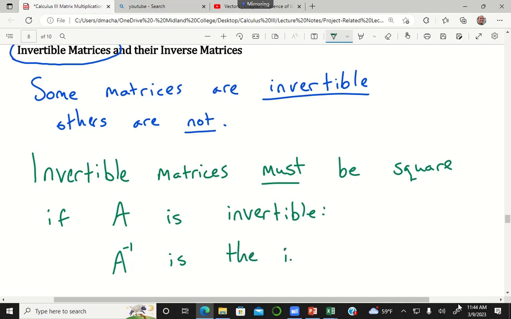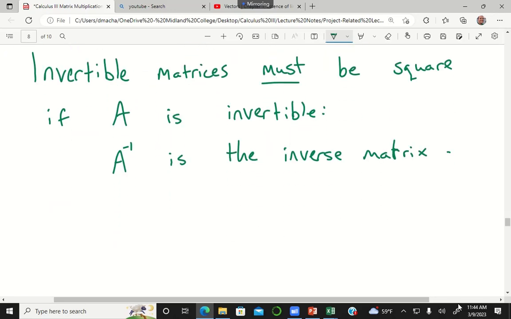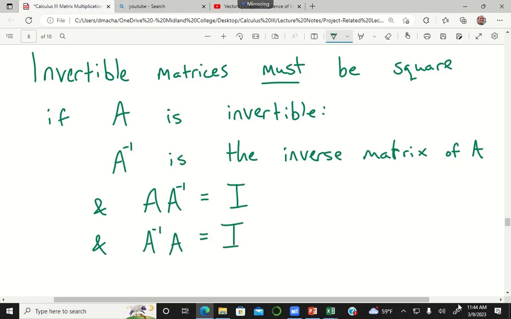And we call it the inverse matrix of A. And A times the inverse matrix is the identity matrix. And the inverse matrix times A is also the identity matrix.